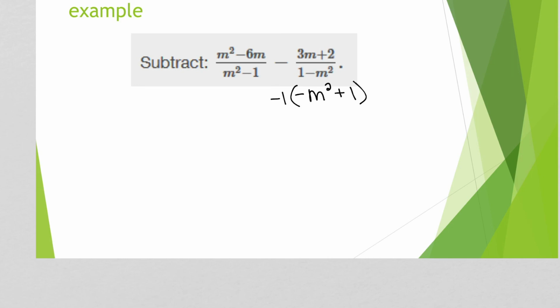So yeah, that works. But remember, what you do to the denominator, you have to do the identical thing to the numerator. So the numerator, I've also got to multiply by -1. Okay, I'm just rewriting the first fraction. Now the second one, I'm going to go ahead and distribute the -1s through.